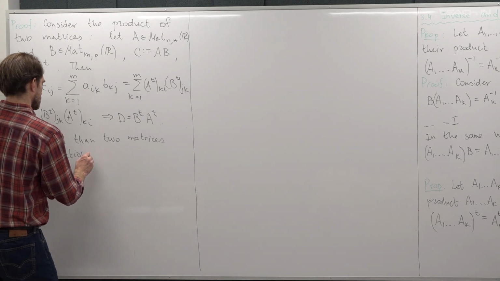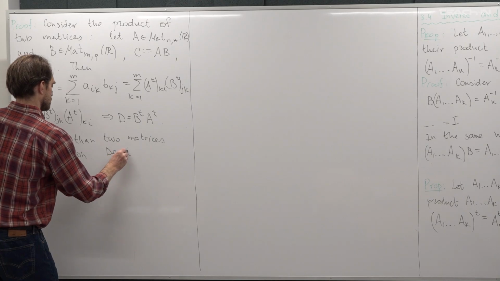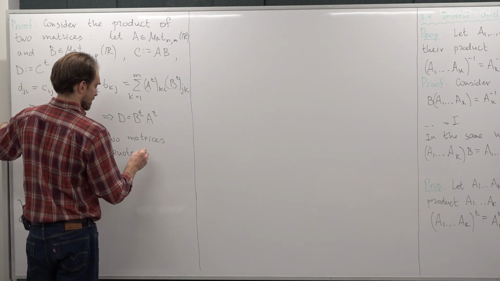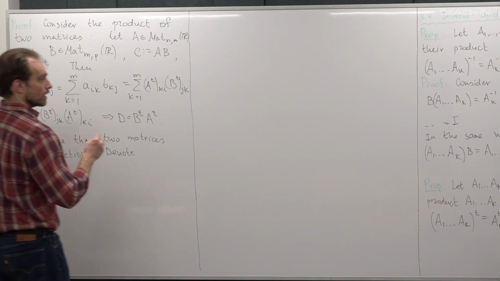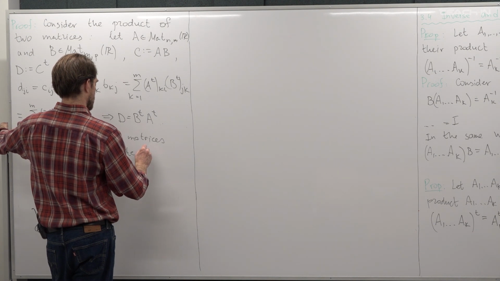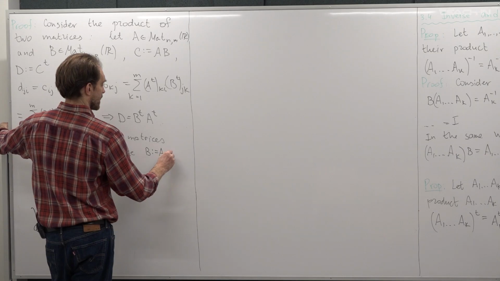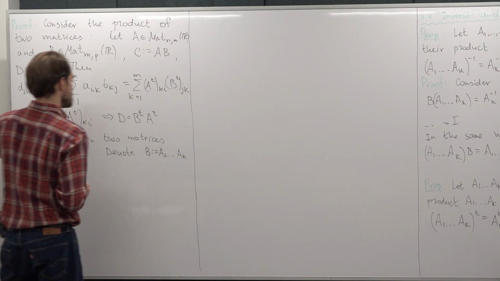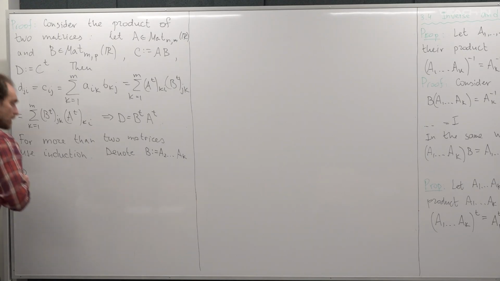So denote the product of matrices starting from A2 by B. So what are we going to get in this case?